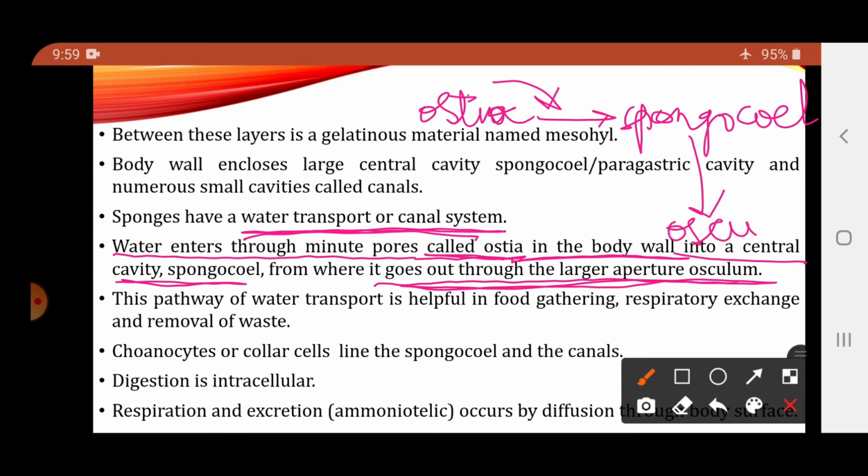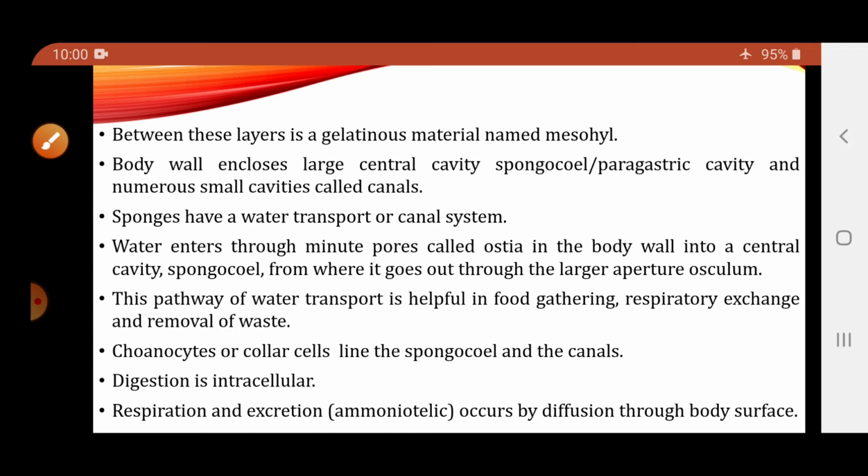It leaves through the single opening which is called the osculum. So this is very important. Water enters through the minute pores called ostia in the body wall. From there it goes into the spongocoel. From the spongocoel the water finally exits, or leaves, through a single large aperture called the osculum.